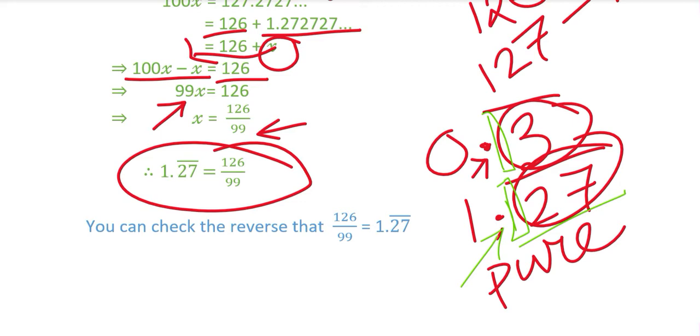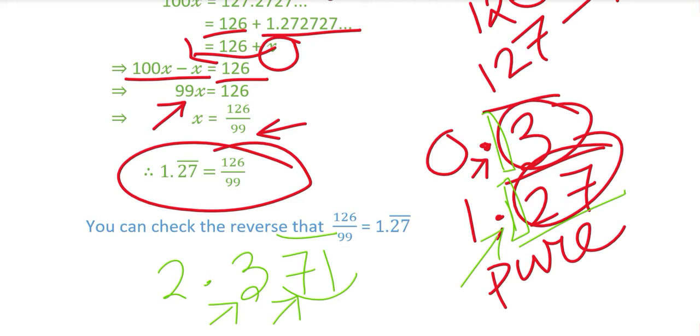For example, check this number, say 2.371 bar. Now the bar is over 7 and 1, right? But 3 doesn't have a bar. So this kind of number is called what? This type of number is called a mixed recurring decimal.